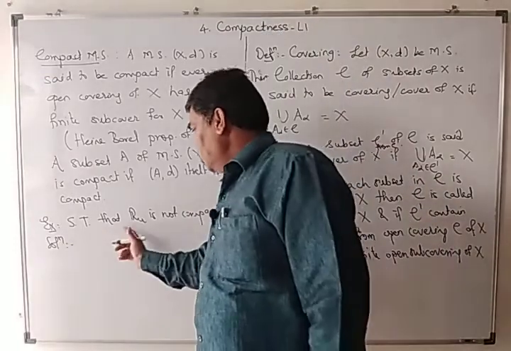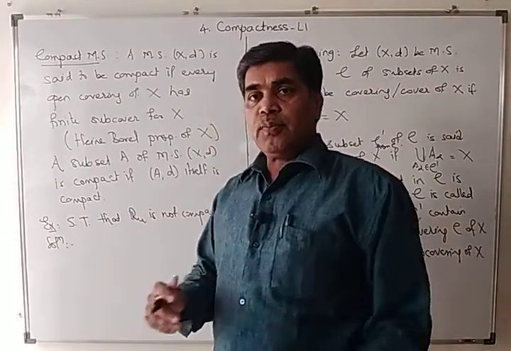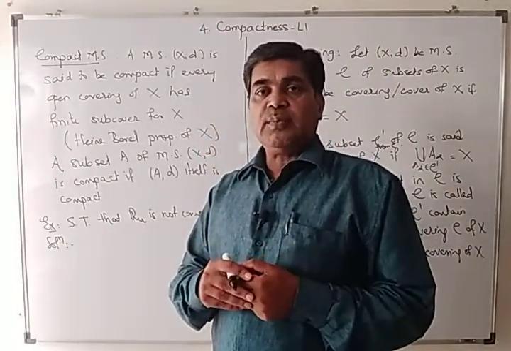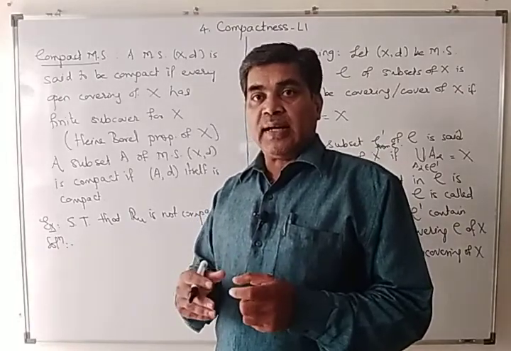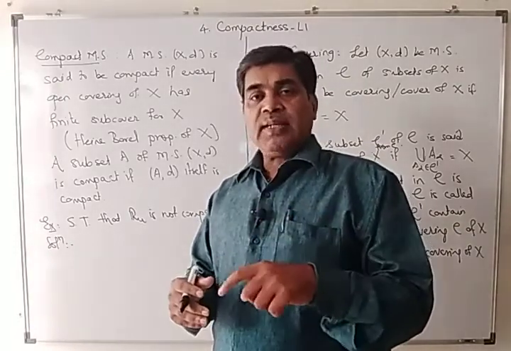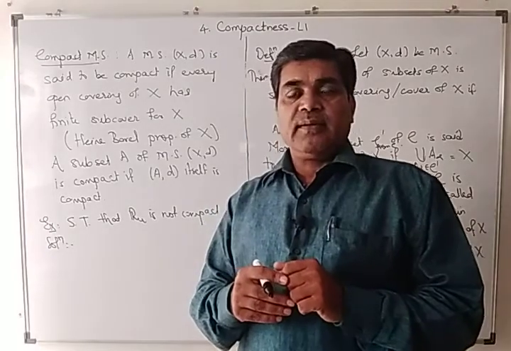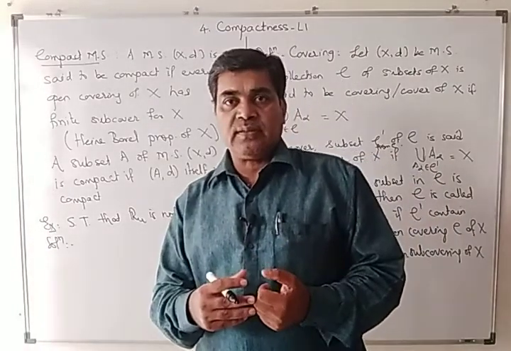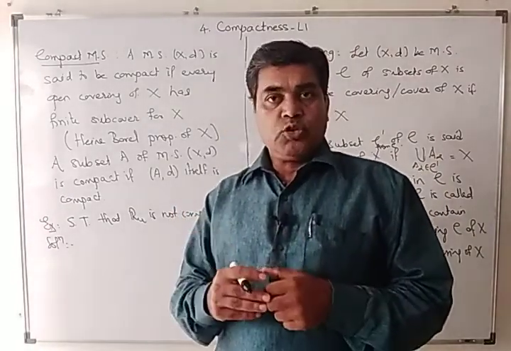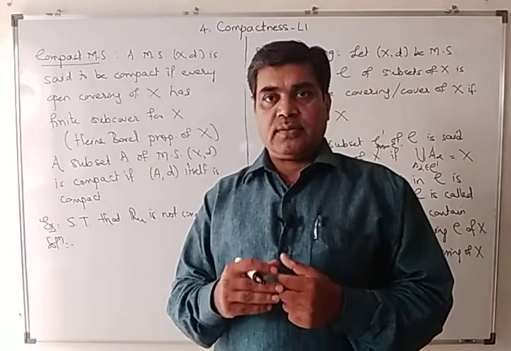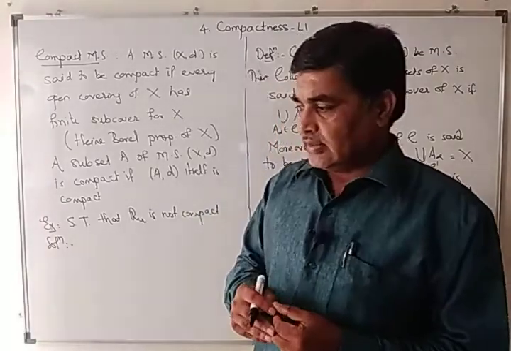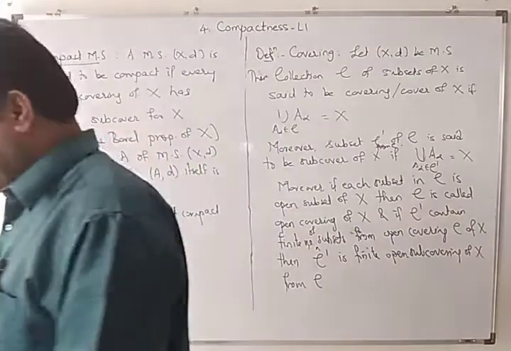So, to prove R is not compact, we have to construct some open covering of R in such a way that from that open covering, if I take any finite subcollection, its union is not equal to R. That is our aim.